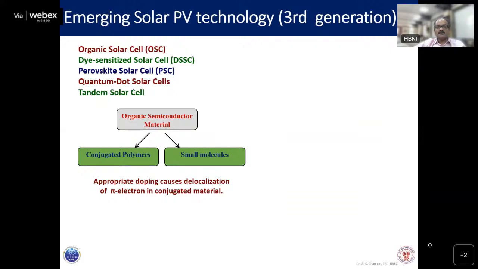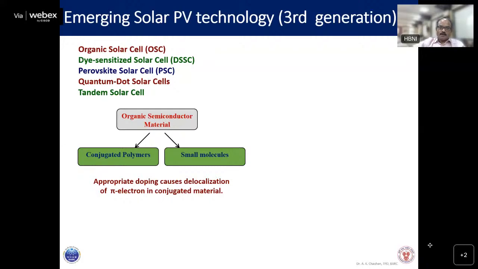What are the advantages of organic semiconductor materials? Number one, inorganic semiconducting materials are limited. You have silicon, you have germanium, and similarly the compounds, 3-5 and 4-6. They are all limited, and the fabrication process of inorganic semiconducting single crystals is very expensive.